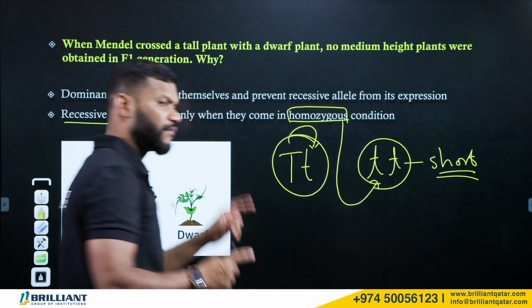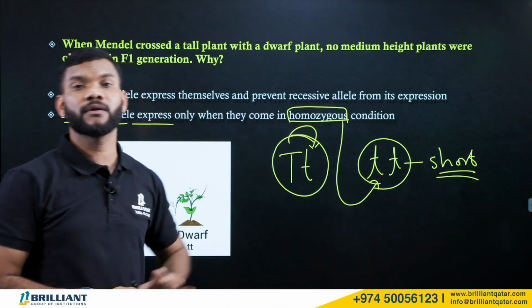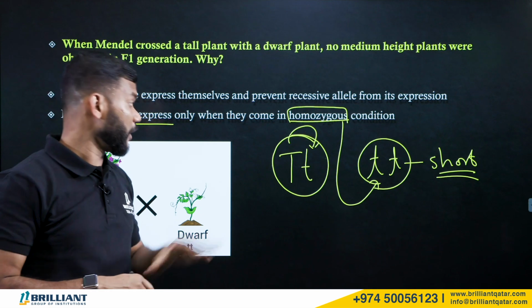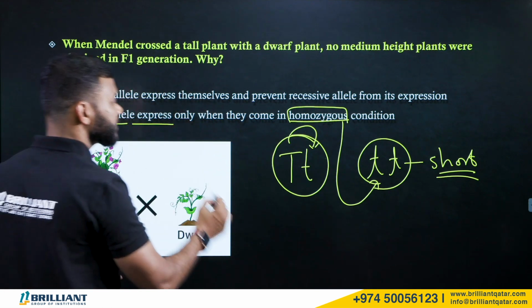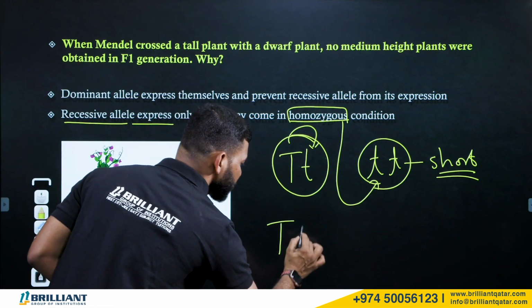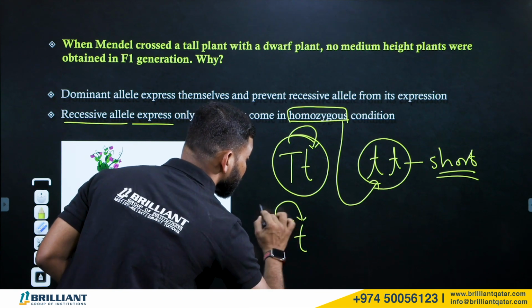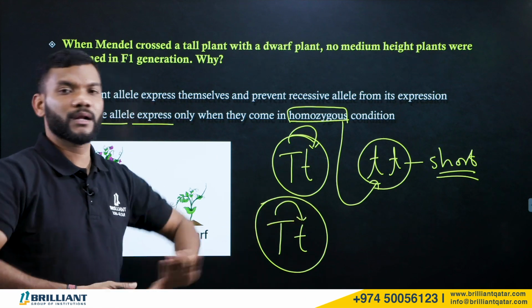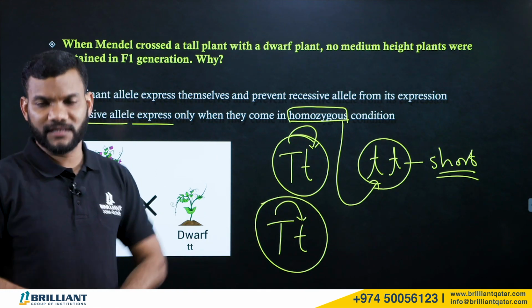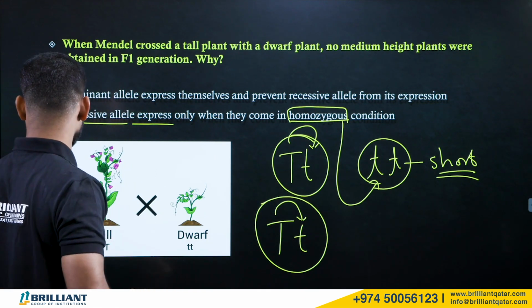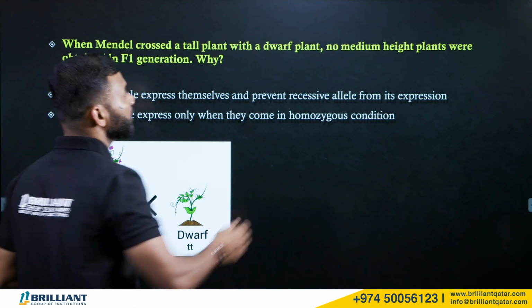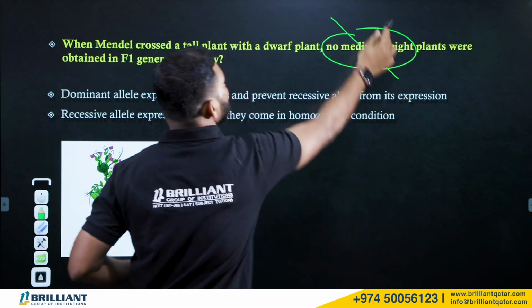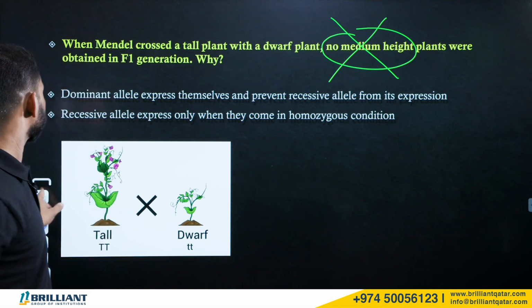Otherwise, even if one capital T is there, the plant will still be tall. Are you getting the point? So the reason is that the dominant allele is completely suppressing the recessive allele. That is the reason he did not get any medium heighted plant. All plants were tall.